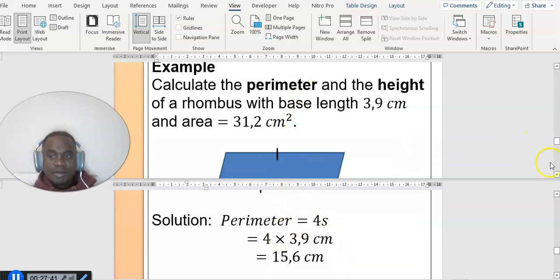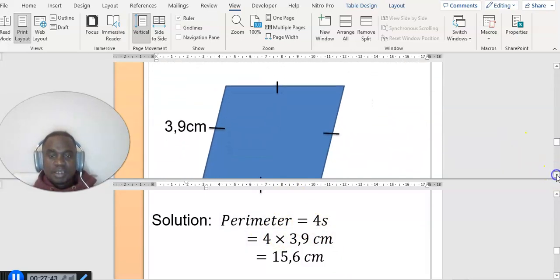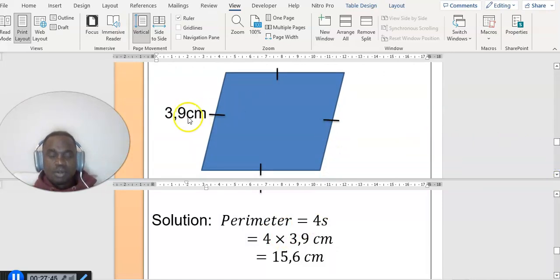We know this is a rhombus, all the sides are equal. So if here is 3.9, this side is 3.9 centimeters. So the perimeter is going to be this side plus this side plus this side plus this side. That's why we have 4s. So they are how many? 1, 2, 3, 4. So you multiply it by 4.